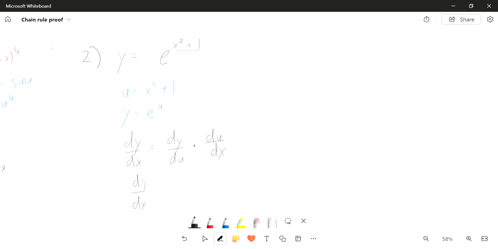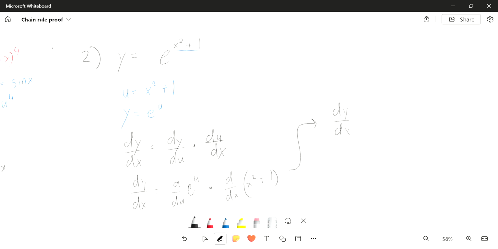So now we have dy over du, and so that means we differentiate e to the power of u with respect to u, because that's what's on the denominator here. And then we multiply that by the derivative of x squared plus 1 with respect to x.